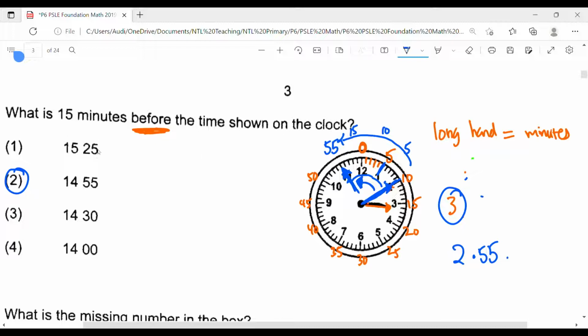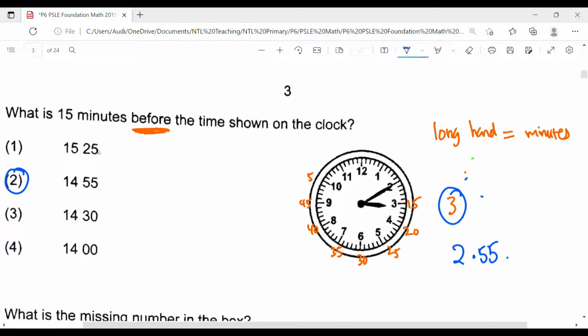Another way to check your answer: you take 2 o'clock and 55 minutes, you add 15 minutes, right? And see where that gets you. So we add 5 minutes first. Maybe we shouldn't do it this way. Let me just erase this, then we can see it better.